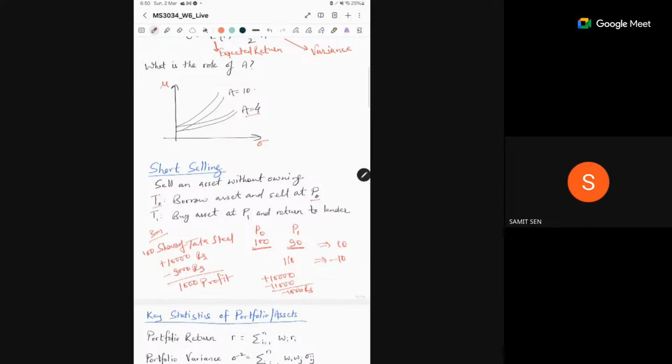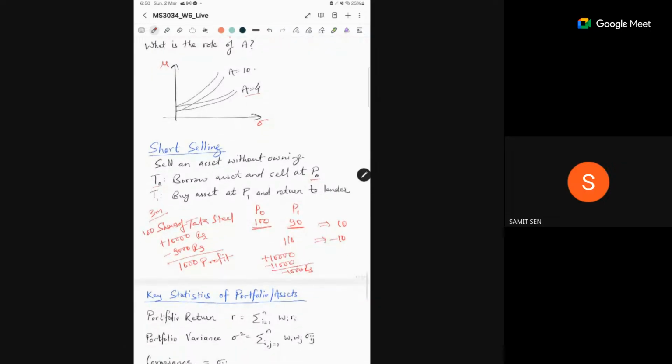During this period, if Tata company declared some dividend, am I eligible to get the dividend? No, in short selling you are not eligible, because you are not owning them, correct? You borrowed them and sold them to someone else. If Tata Steel sends the dividends, those will go to the individual to whom you sold.